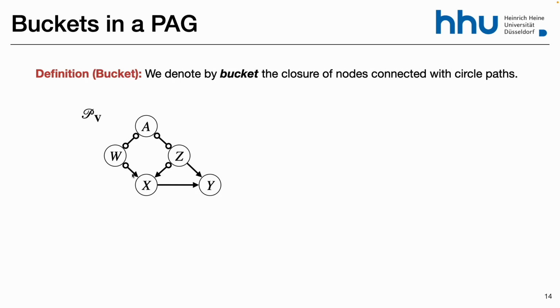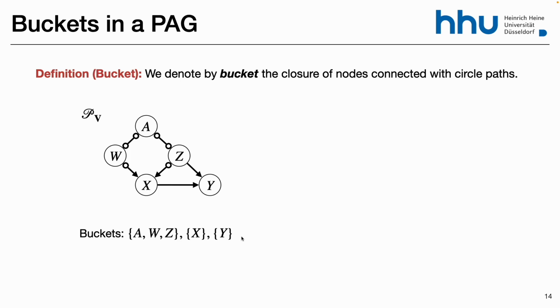Now this X doesn't have a bucket because there's no variable connected to it by a circle edge, and Y is alone in a bucket as well because there's no other variable connected to it using just a circle edge, right? So the list of buckets are A, W, Z, then X alone and Y alone. It's just sets of variables that are connected by a circle edge.